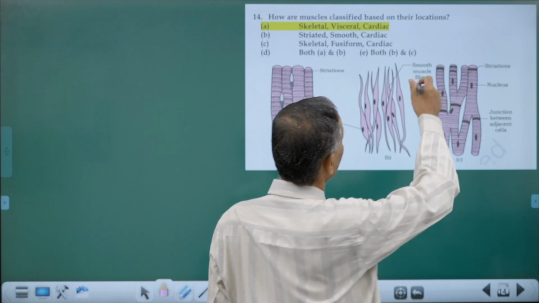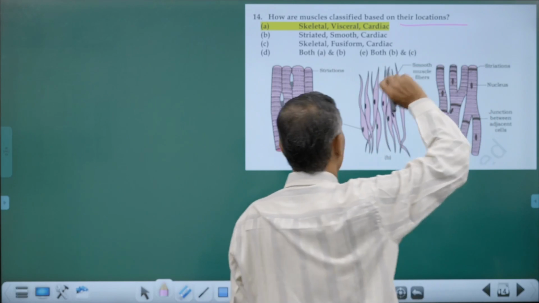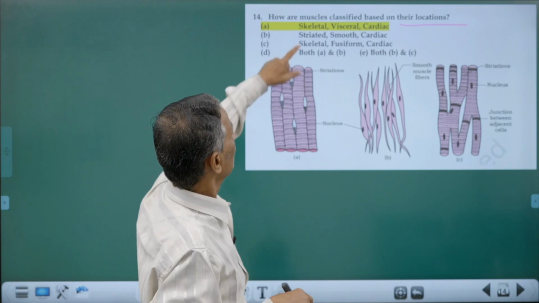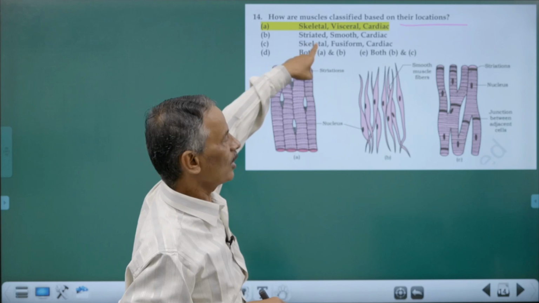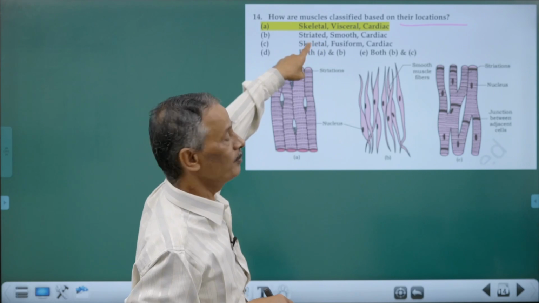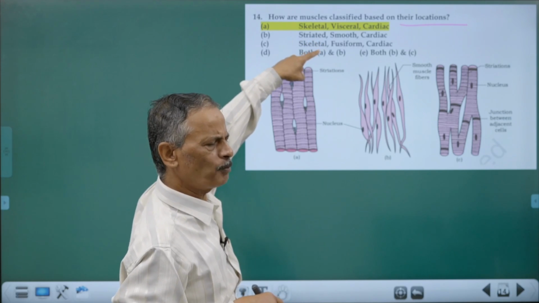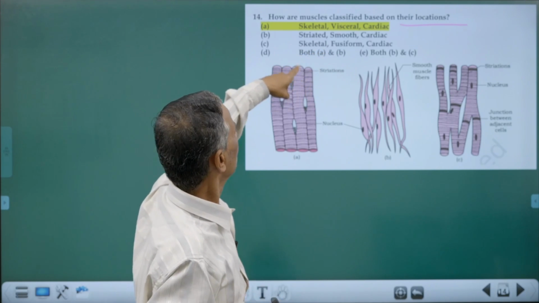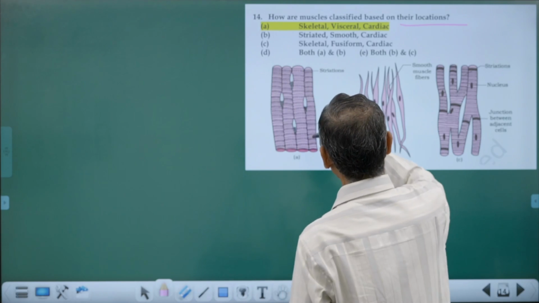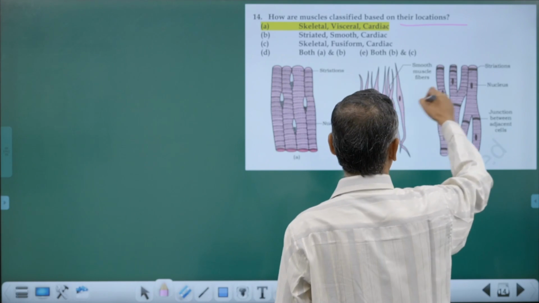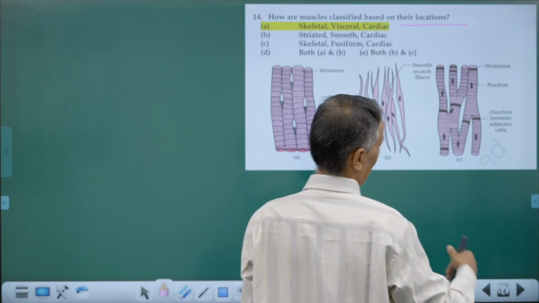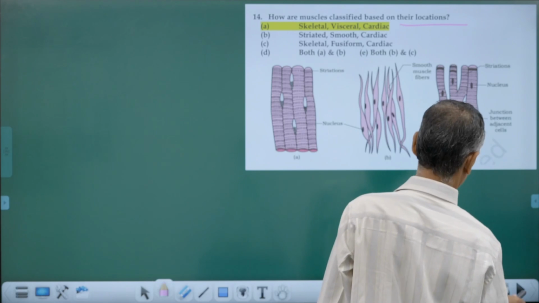Here the question is on the location. If they are all associated with the skeletal system, then they are all skeletal. Now I understand why we are not taking B. B is based upon their appearance. We are giving names according to their appearance. Okay. And this is the shape, cylindrical, fusiform, branched. That is based upon the nature of the cells. Okay.